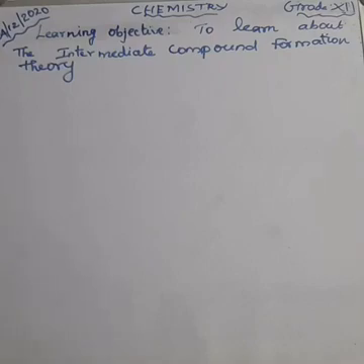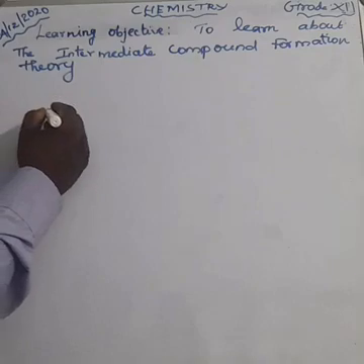That intermediate again reacts with the other reactant to form products, and the catalyst is regenerated. What is the concept here? Can you understand? For example, I am writing the example.